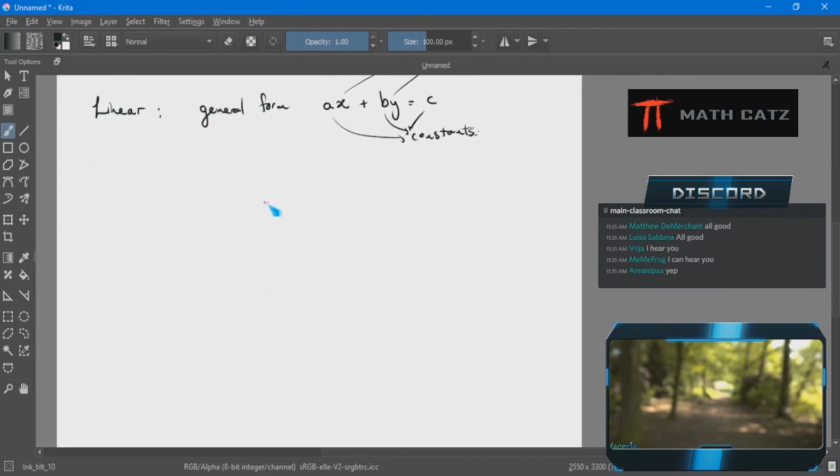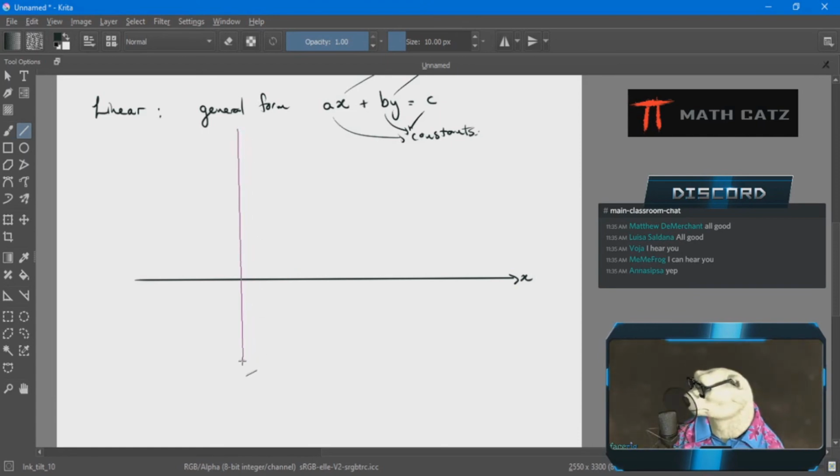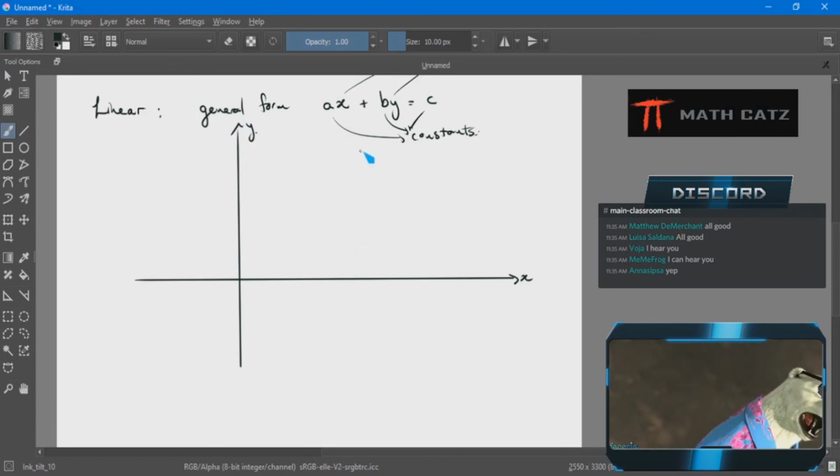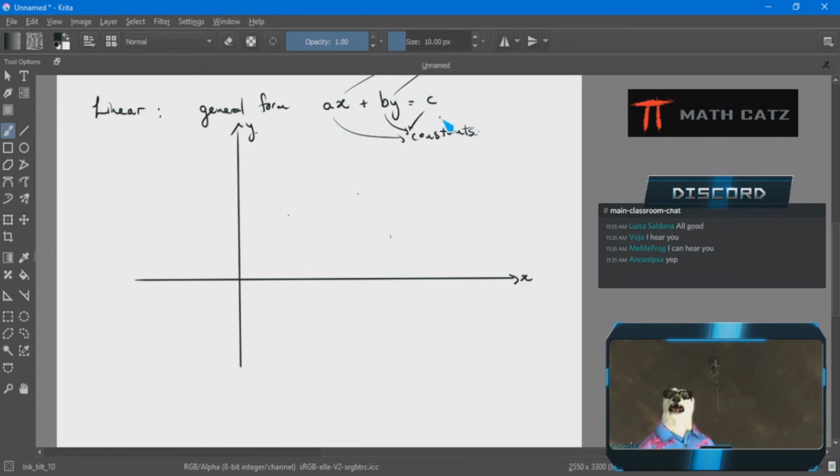When we try to visualize this by looking at two number lines, the number line for the x values, let's label it over here, called the x-axis, and the number line for the y values, we'll do that vertically, called the y-axis, we look at all the possible x, y pairs corresponding to points in this plane that satisfy an equation like this.